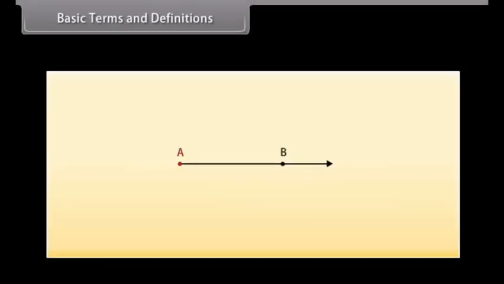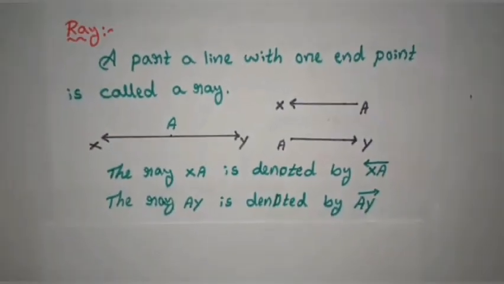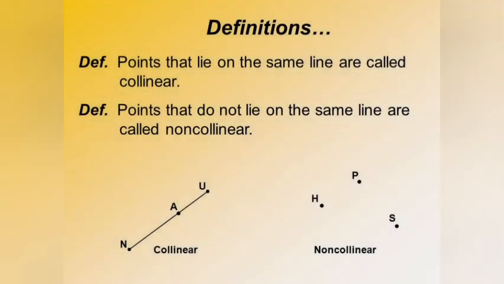A part of a line with one endpoint is called a ray. The ray AB. So we can see the definition given here, and the ray AY is denoted by AY bar. So let's move on to the next concept, that is collinear and non-collinear points.